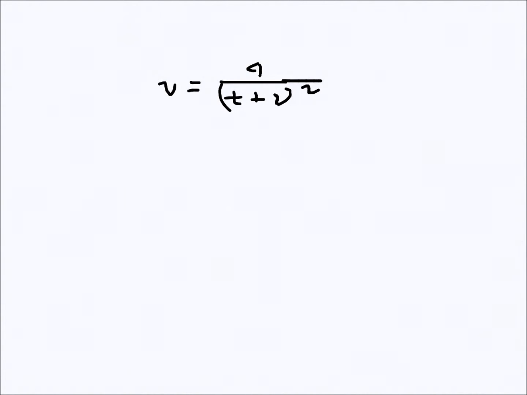So we can look at this expression and say that the velocity will never become 0, because t cannot be negative, so t plus 2 is also a positive value, and this expression will be a positive value since it is also a square. So v will never be 0, so the particle will never be at rest.